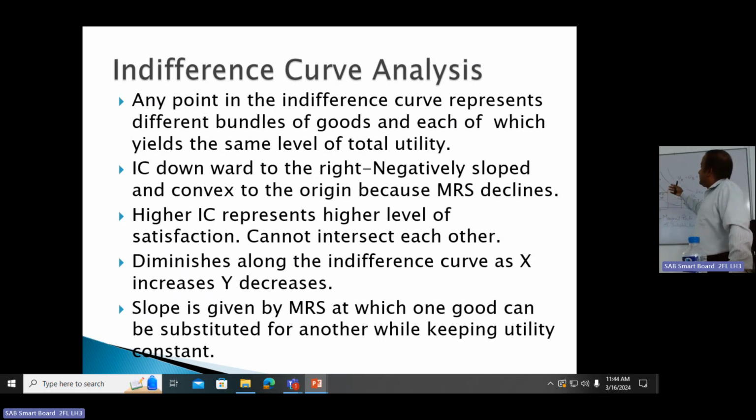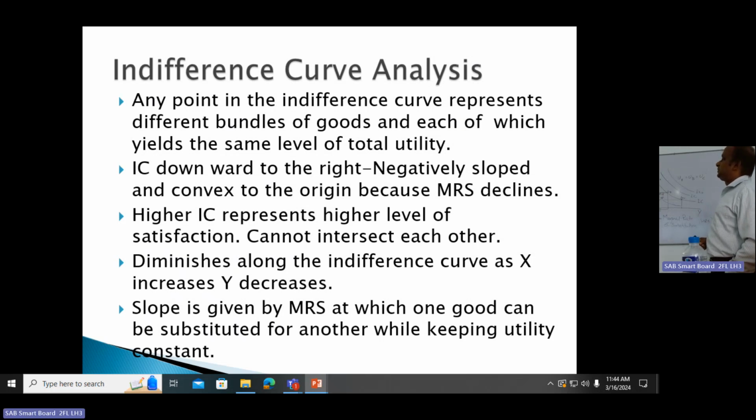So the MRS declines along the indifference curve. And the slope is given by the MRS. So that is the slope of the indifference curve, the marginal rate of substitution.